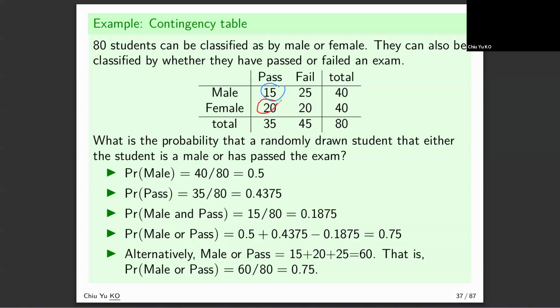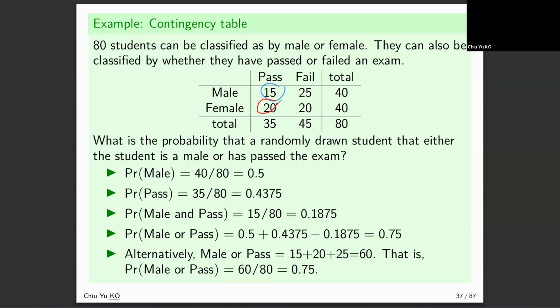Okay, so now what we want is OR. First question: suppose we randomly draw a student, how likely is it that he's male or he passed the exam? If it were AND, that's easy, just 15/80, and we're done. But it's OR, so we have to use the rule.